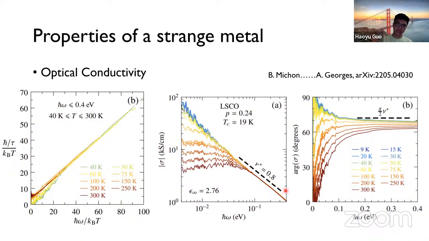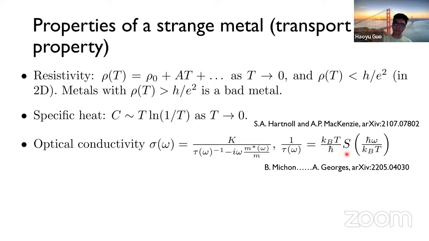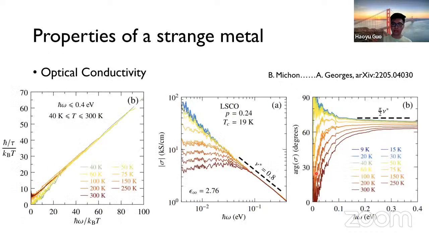So at first sight, you might think this is strange, because if it's a Planckian dissipation, it should be linear, so the exponent should be 1. But actually there's no contradiction, because this 0.8 exponent can be derived from the following scaling function using the Fourier transform relation.